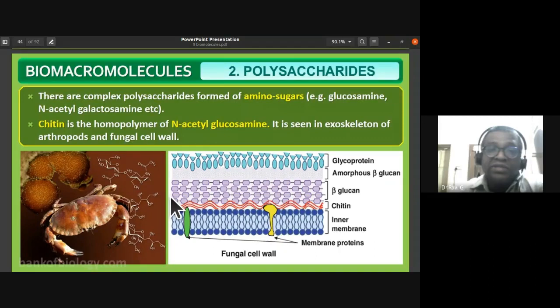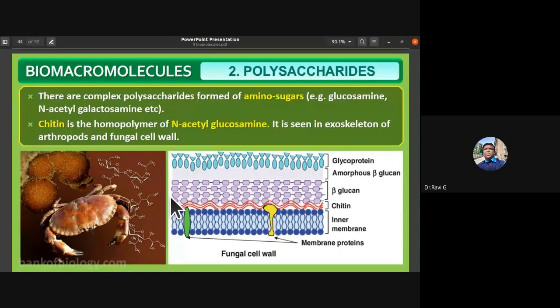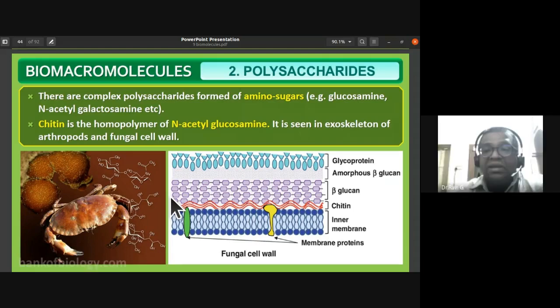So chitin is what? It is the homopolymer of N-acetyl glucosamine. It is seen in the exoskeleton of arthropods and the fungal cell wall. They are made up of chitin.